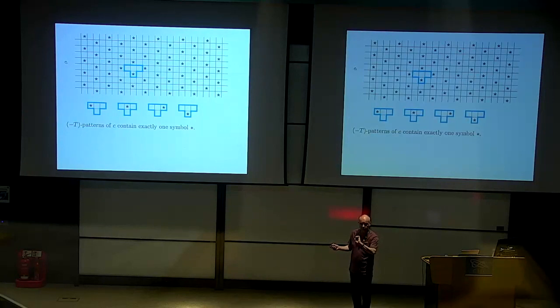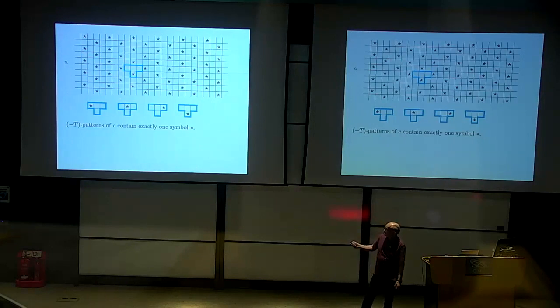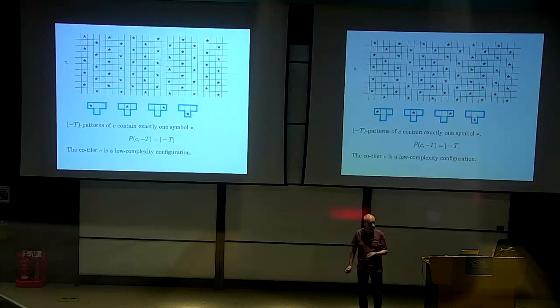That's really the definition of what the tiling means. No matter where you are standing, in a unique way, by following a vector in minus T, you reach a star. Same thing as saying that from a star, adding a vector in T, you reach your cell in a unique manner. And so you see, the number of patterns is indeed the same as the size of your shape. So it is a low complexity configuration with respect to the inverted tile.